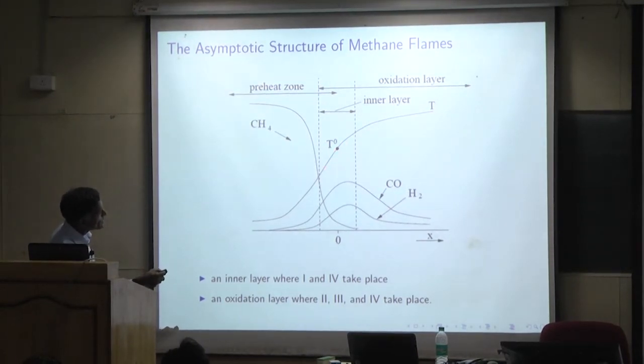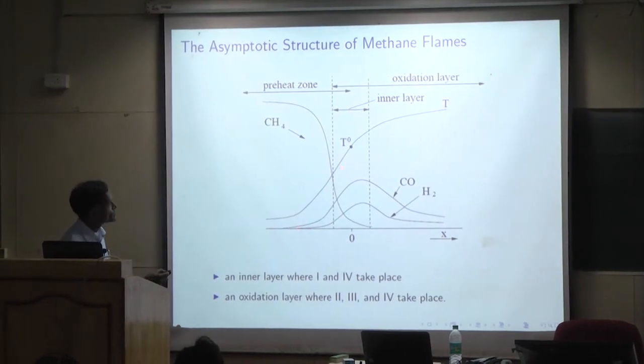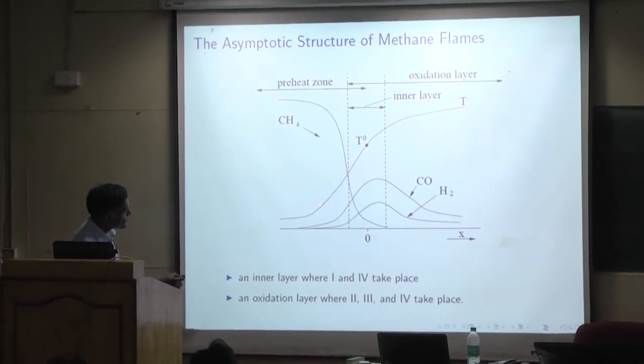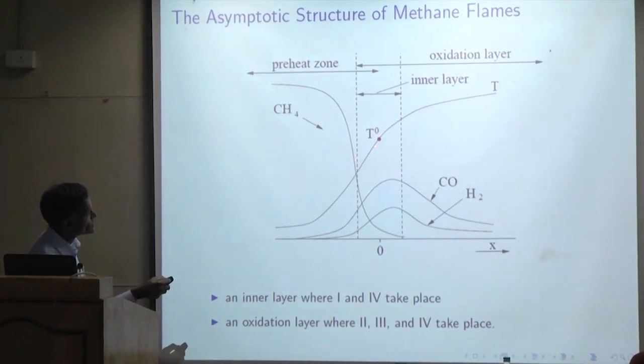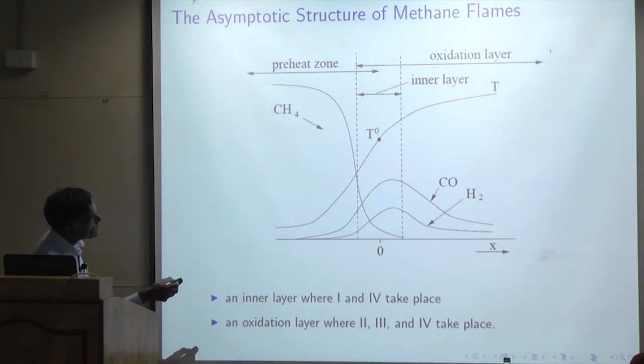In this region, the chain breaking reactions are larger than the chain branching reactions. So this region is inert, because it is rapidly removing the radicals. That makes it inert. So this inner layer temperature separates a region where things are reacting from a region which is inert.